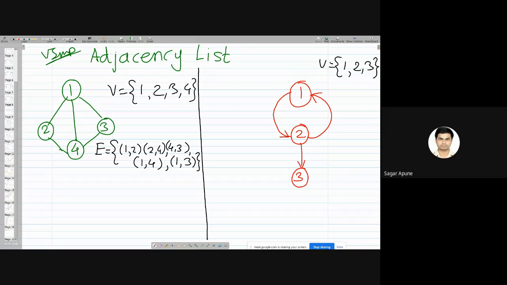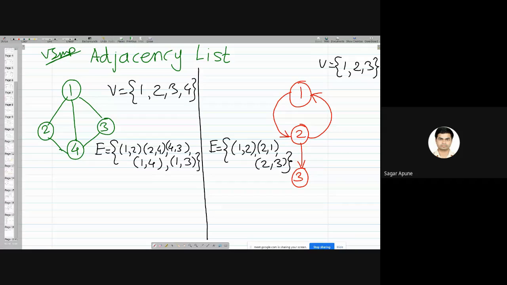We can also describe the opposite directions 2, 1, 4, 2, 3, 4, 4, 1, 3, 1 because it is undirected. What about the directed graph? Edge set E is 1, 2; 2, 1; 2, 3. No edge goes from 3, so the out-degree of the third vertex is 0. So this is the edge set.